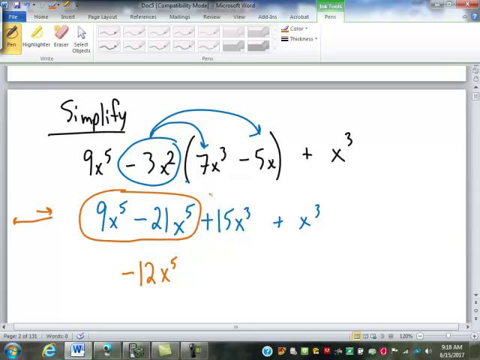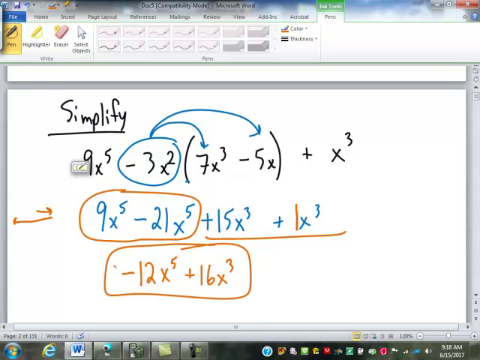It stays x to the fifth. Then over here, 15x to the third plus x to the third. We think of that as 1x to the third, right? So 16x to the third. Very good. And that's it. We cannot go any further.